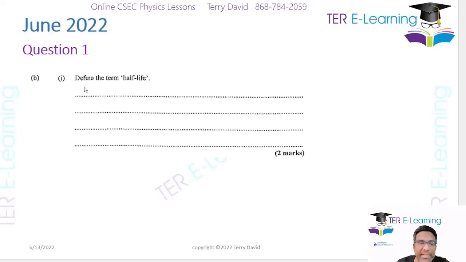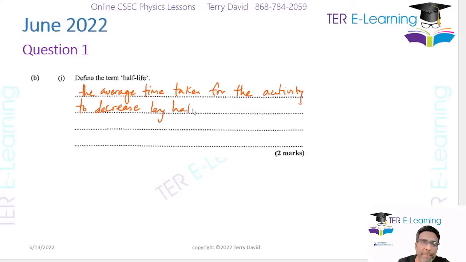So half-life is the average time taken for the activity to decrease by half the initial value.